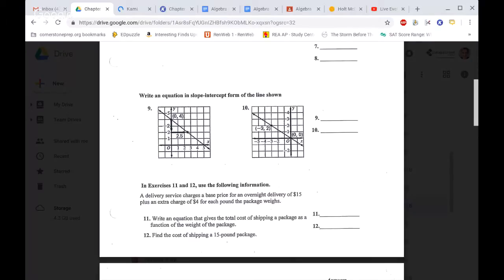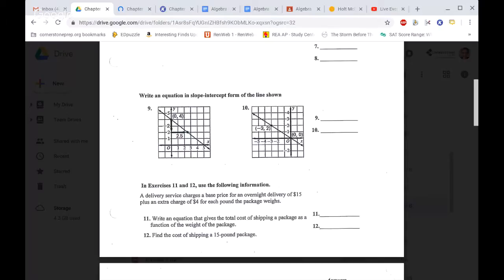All right, I want you guys to write this down. If I were counting from that point, -3, 2, to 0, 0, how many would I go down? 2. So that's going to be the top part of my slope. How many would I go right? 3.